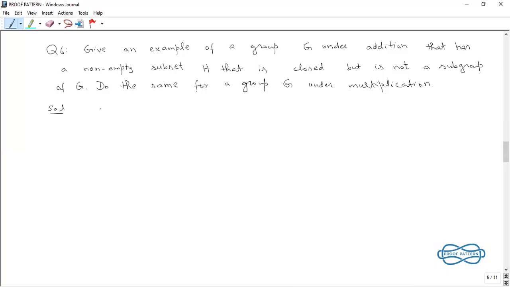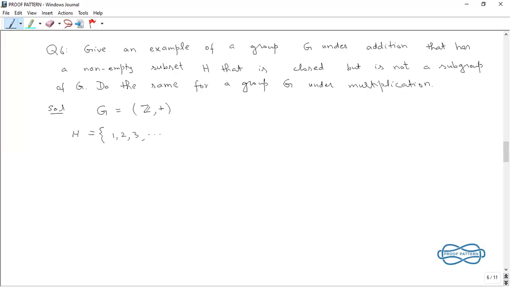Okay, we know that we consider G to be the set of integers, and we know that the set of integers is a group under addition. And we consider a subset H of G, which is all natural numbers.